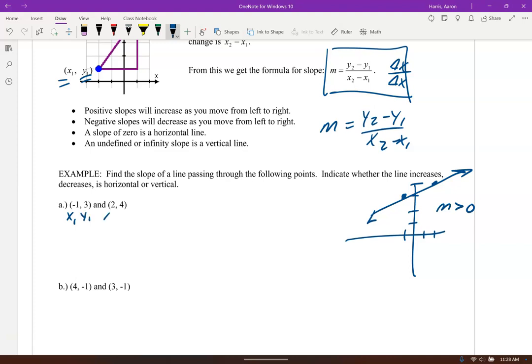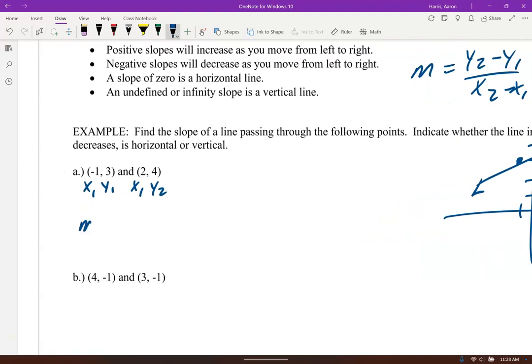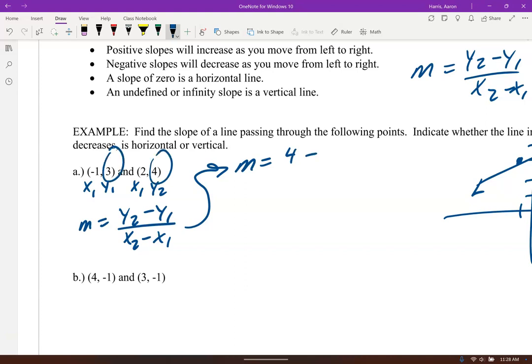So I'm going to name it x1, y1, x2, and y2. And I'm going to go ahead and punch it into my slope formula. So y2 is 4 minus y1. So y2 minus y1, 4 minus 3, over x2, whoops, that's supposed to be x2, sorry about that, minus x1.